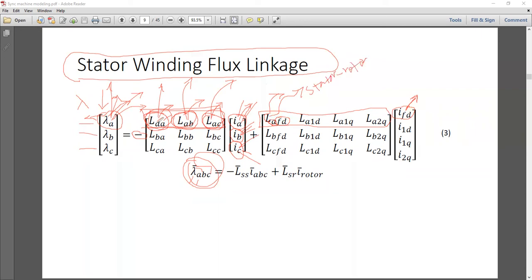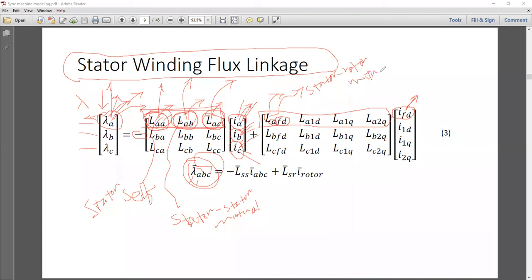Okay. LAA, this is purely stator self-inductance. What is LAB? Mutual inductance. Between whom? Between A and B coil. Yeah, this is stator to stator mutual. There is nothing to do with the rotor, but this is stator to rotor mutual.